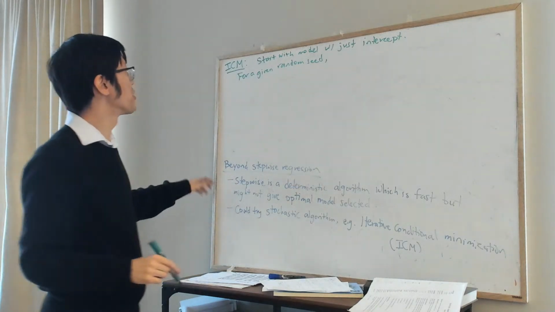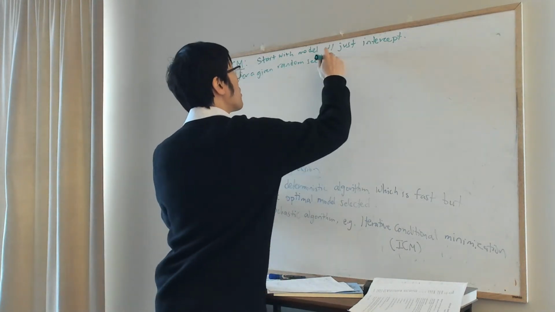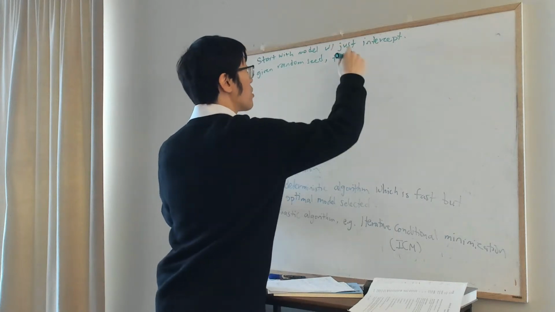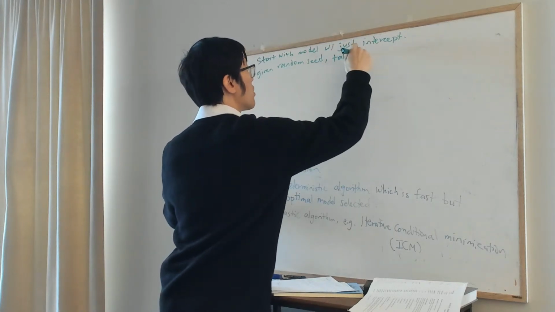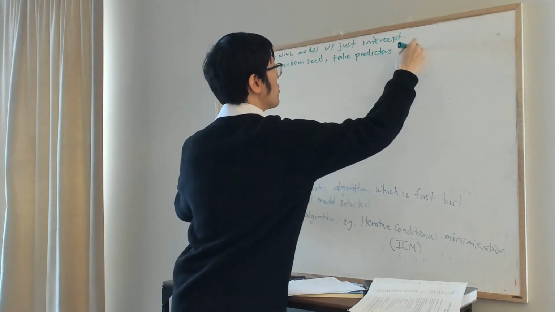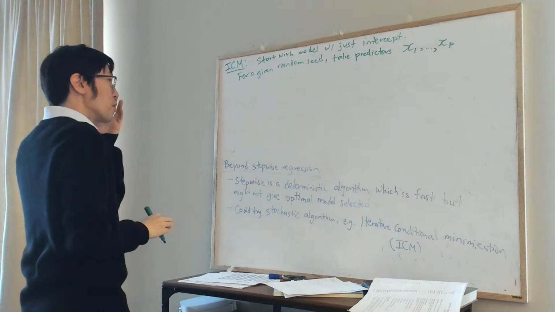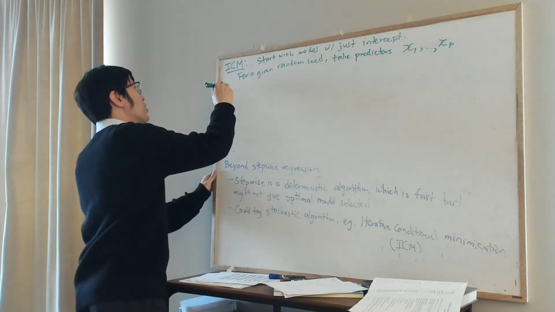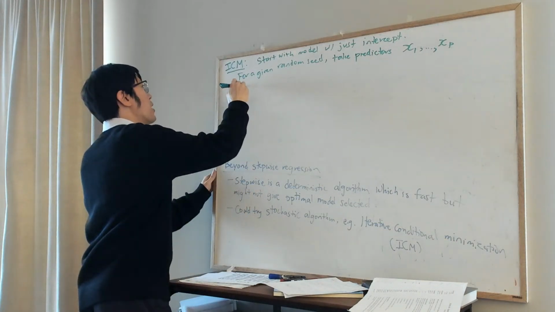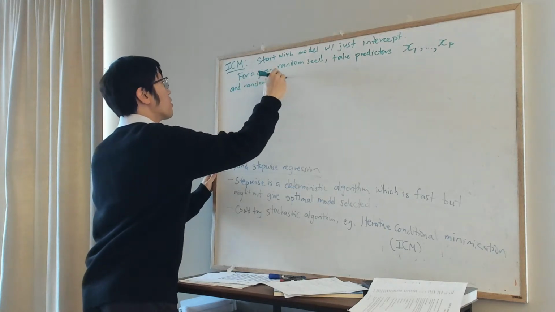What we're going to do is randomly order all the predictors. So take the predictors, let's say they're x1 to xp, and randomly permute them, randomly reorder them.